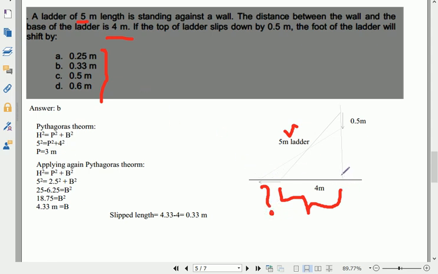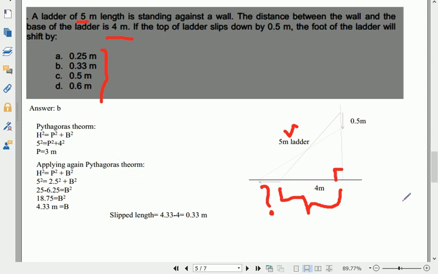So as we can see, the angle between the wall and the floor is always 90 degrees. This makes our question easy. We can easily apply Pythagoras theorem as this is a 90-degree angle. So simple. We have here 5 meter hypotenuse, 4 meter base.